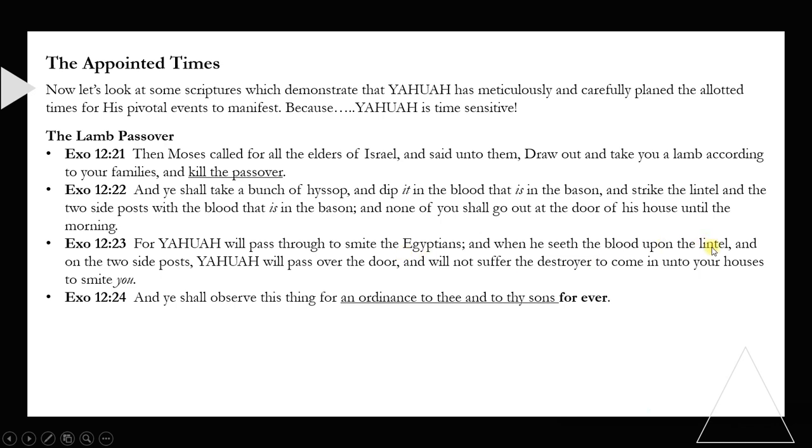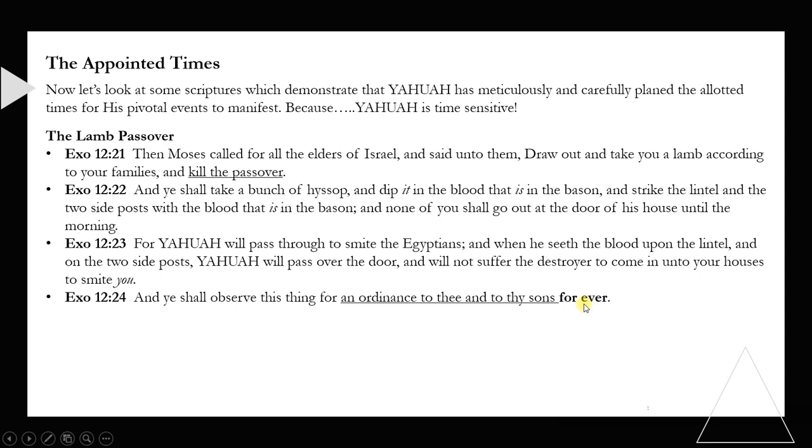And when he seeth the blood upon the lintel and on the two side posts, Yahuwah will pass over the door and will not suffer the destroyer to come in unto your houses, to smite you. And ye shall observe this thing for an ordinance to thee and to thy sons forever.